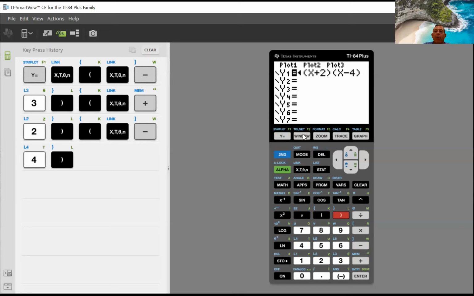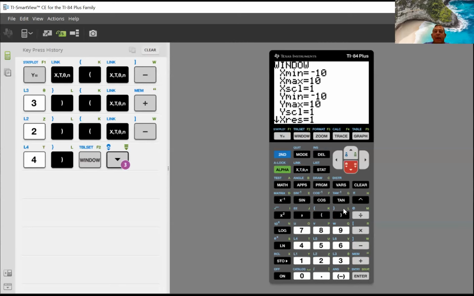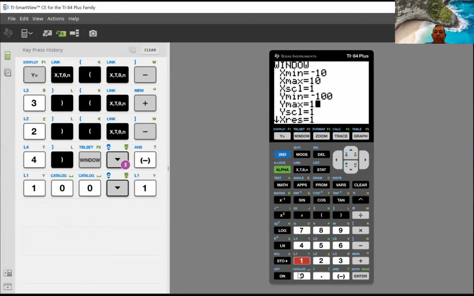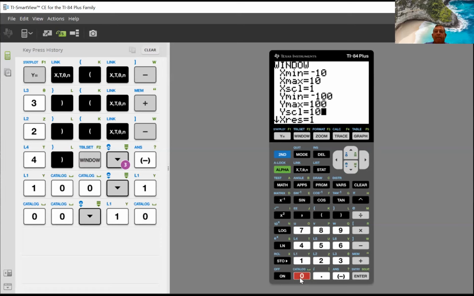Now I'm going to go to that window and set it to what they got. So -10 and 10 is good for the x's. I'm going to make my y's go from -100 to a positive 100. And it looked like they had 10 marks, so that had to be going by 10s.